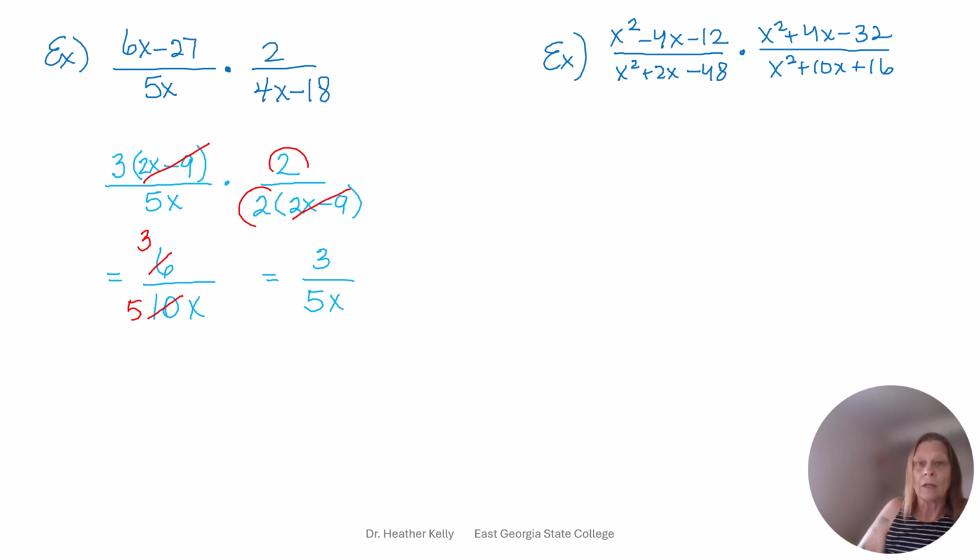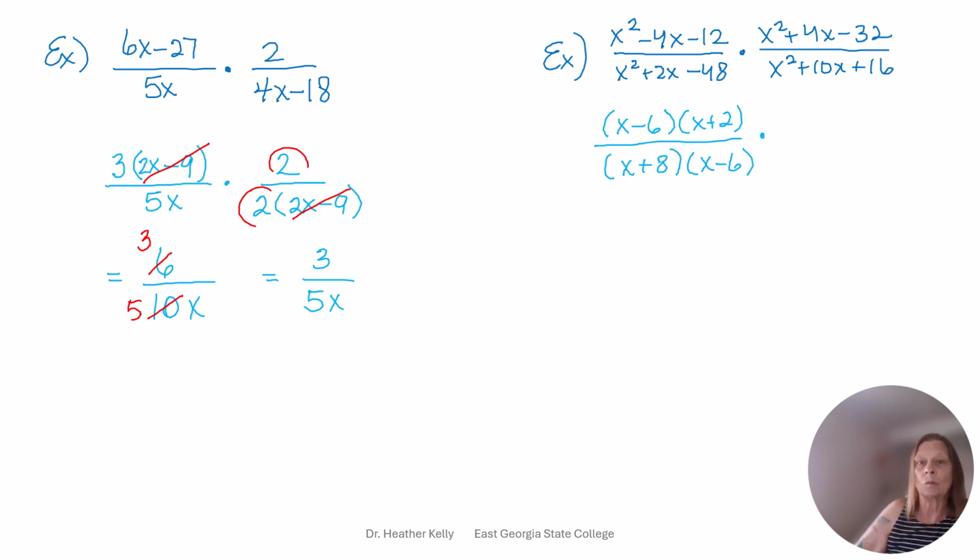We have the factors of negative 12 that add to negative 4, so this is x minus 6, x plus 2. Down here we have negative 48, so the factors that multiply to negative 48 and add to be 2 would be 6 and 8, and that is a positive 8, so x plus 8, x minus 6.